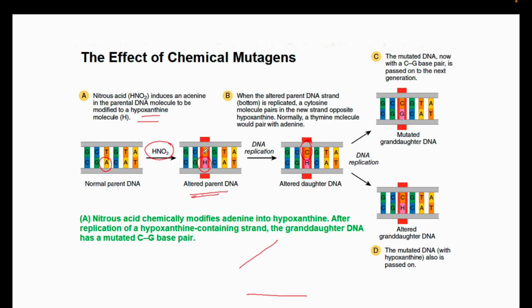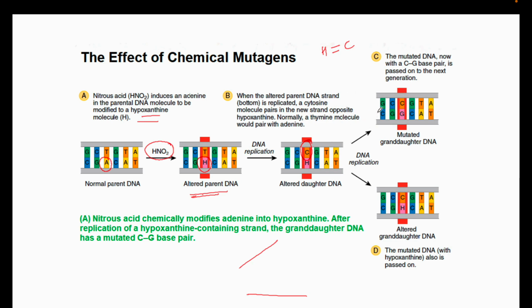And against this strand we should actually have a T, right? But now we have a C. We have a mutation of C, because hypoxanthine pairs with cytosine. So the replicative enzyme adds cytosine against hypoxanthine, right? This is a transversion mutation, right?